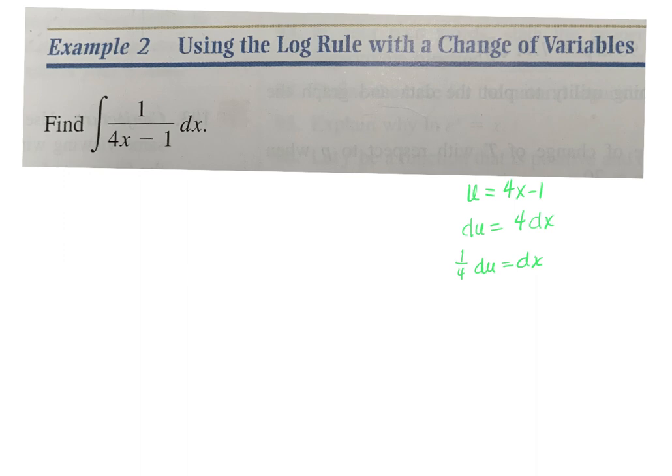And so if I were to rewrite that, I would say, okay, it's 1/4 integrating 1 over u du. And you can see that that's just natural log. Instead of u, I'm going to fill in what u is.